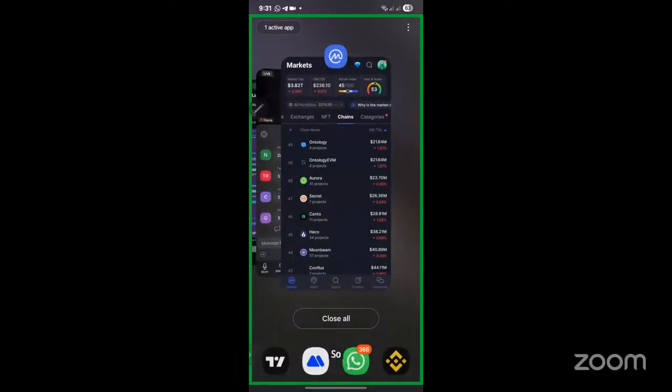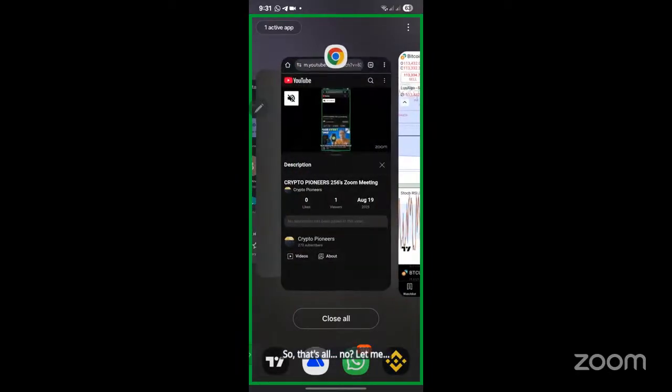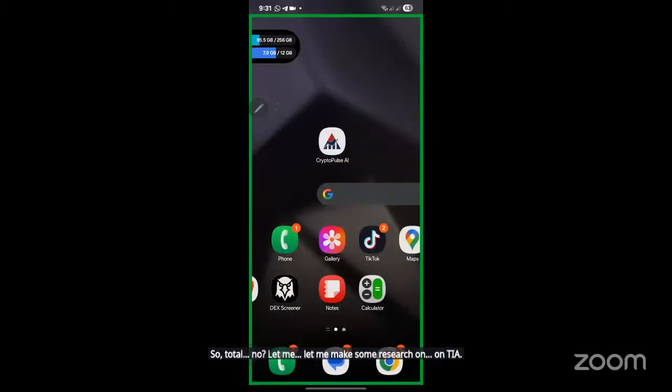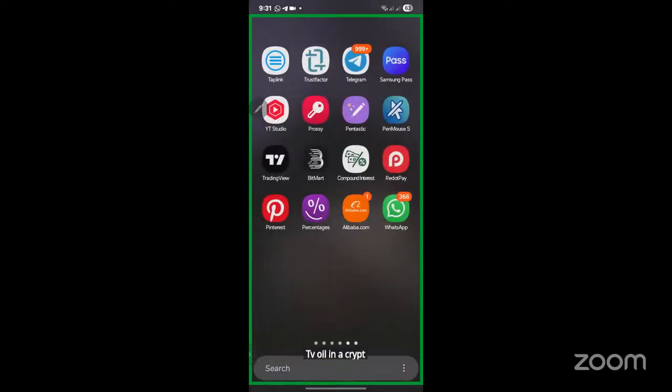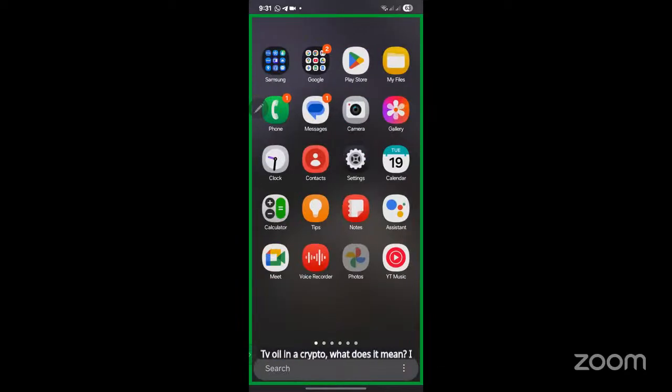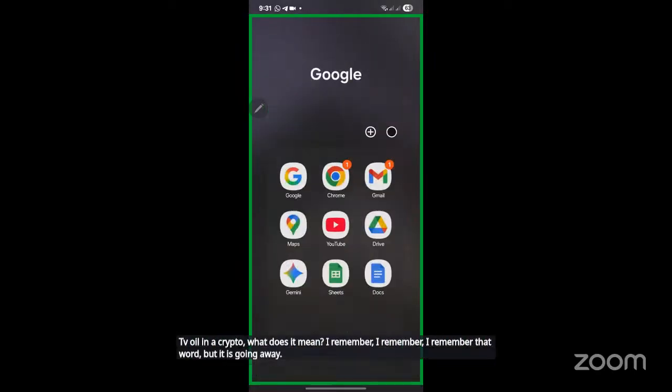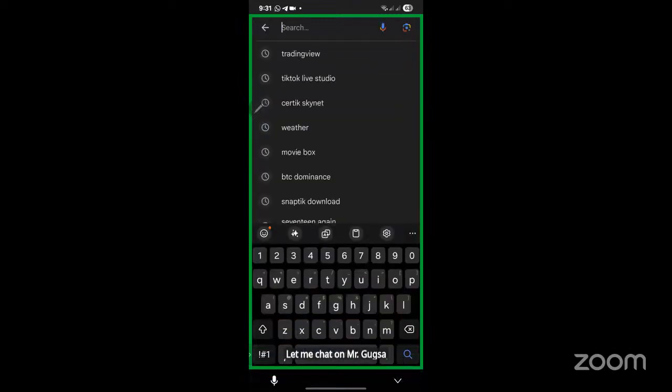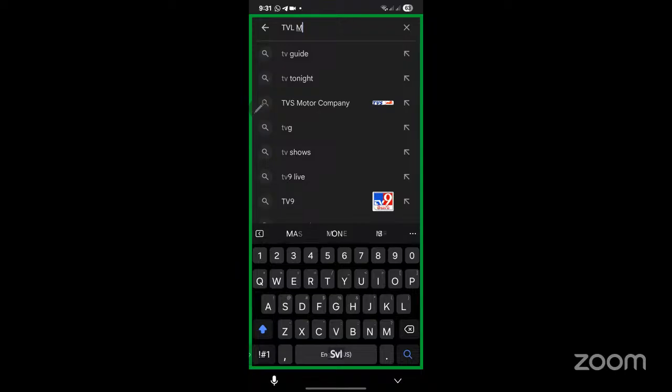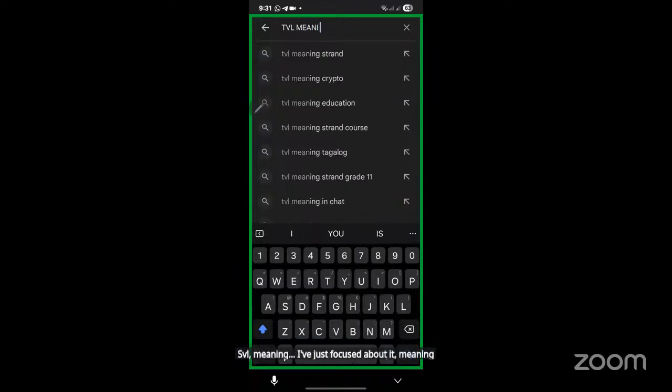Is it total? No, let me do some research on it here. TVL in crypto, what does it mean? I remember that word, but it is slipping away. Let me tap on Google and ask it, TVL in crypto.